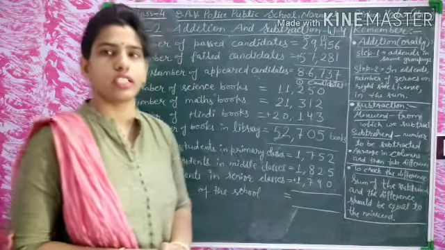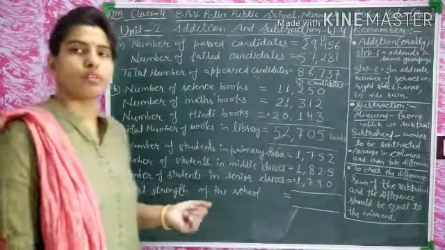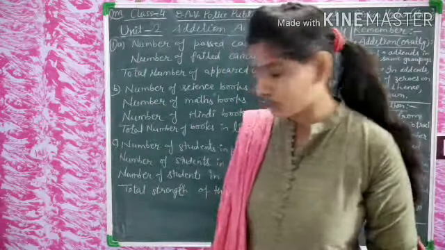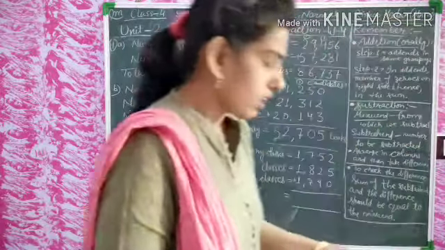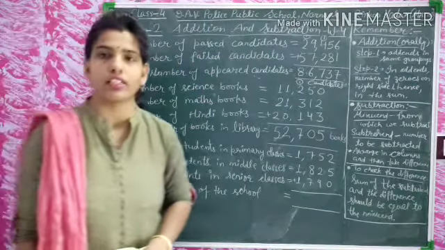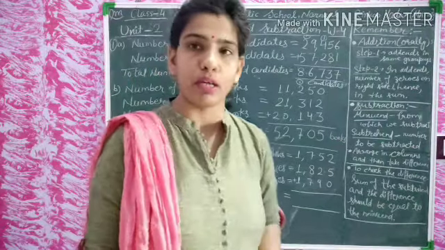Is it clear, students? Now we will go to the next question. In a school, there are 1,752 students in the primary classes.